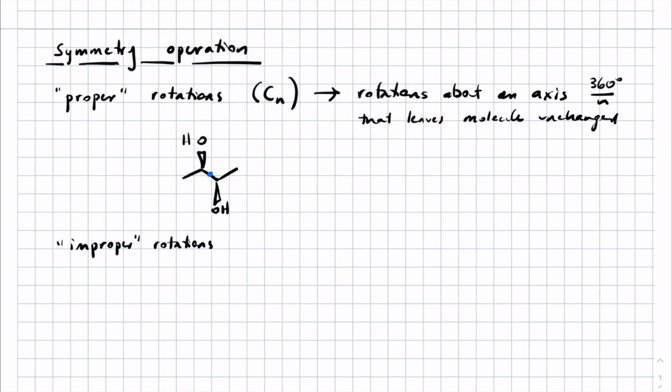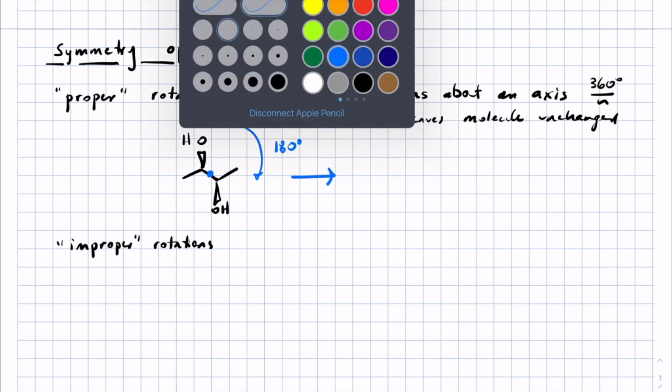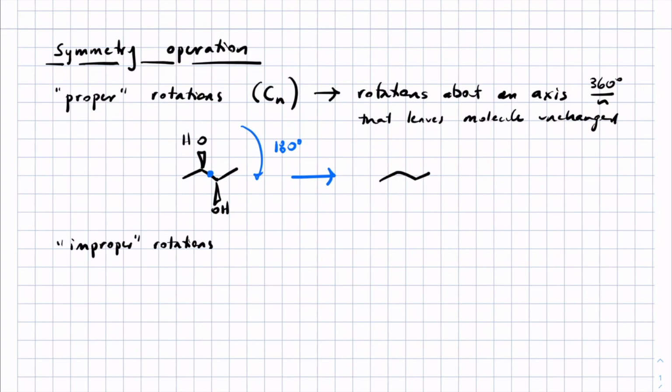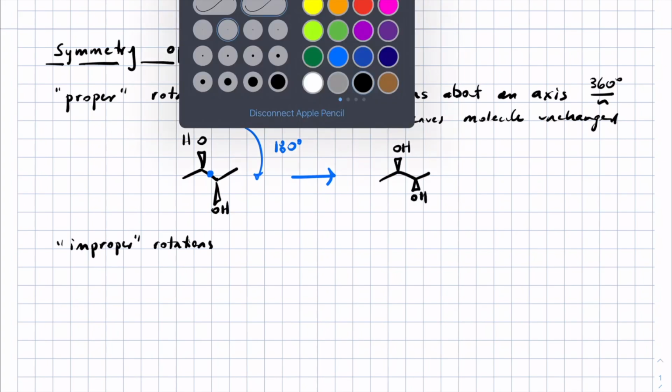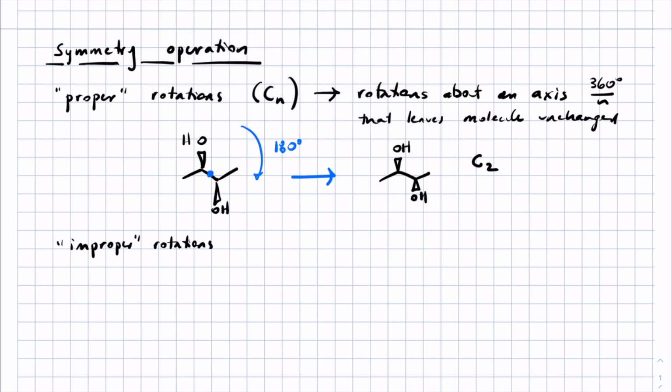We would put a rotational axis right down into the page, perpendicular to the page at that point. We'd rotate it by 180 degrees, and boom, we've got the exact same thing. We would say that this molecule has a C2 axis of rotation, because 360 divided by 180 is C2. So the molecule is C2 symmetric.